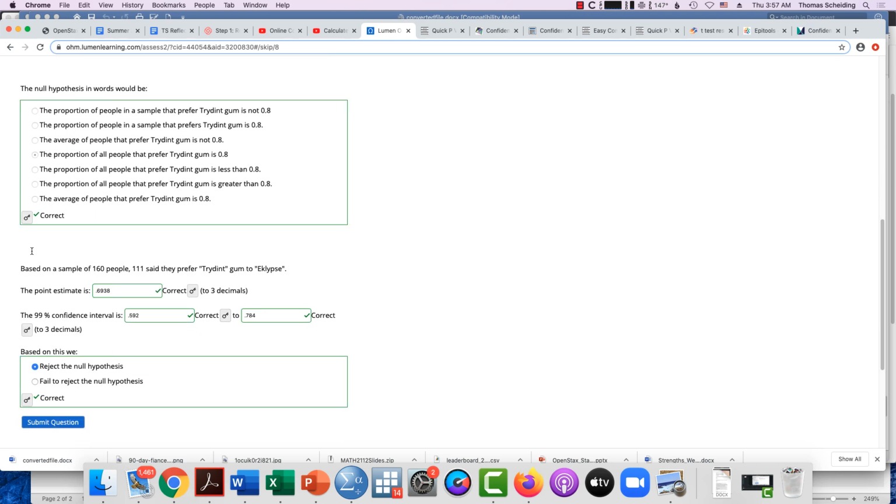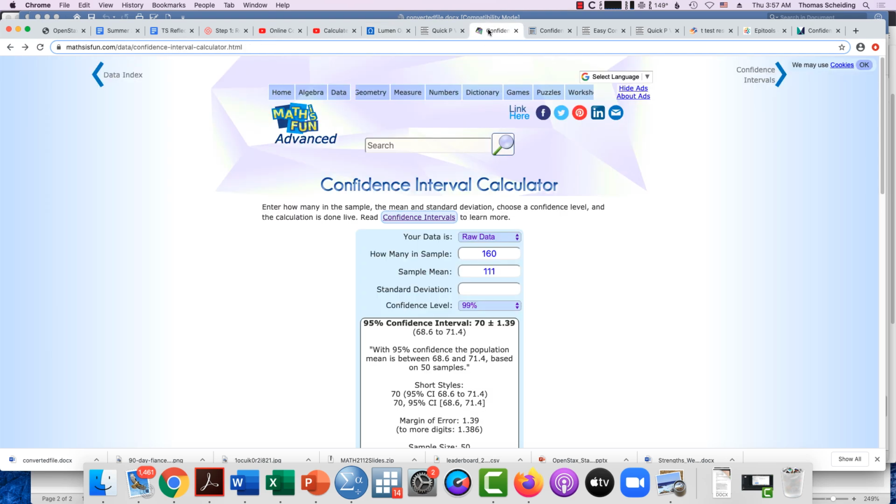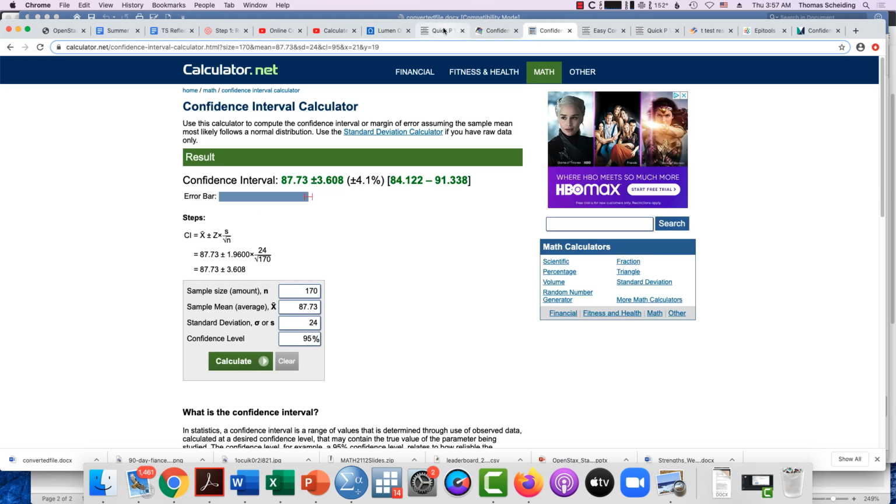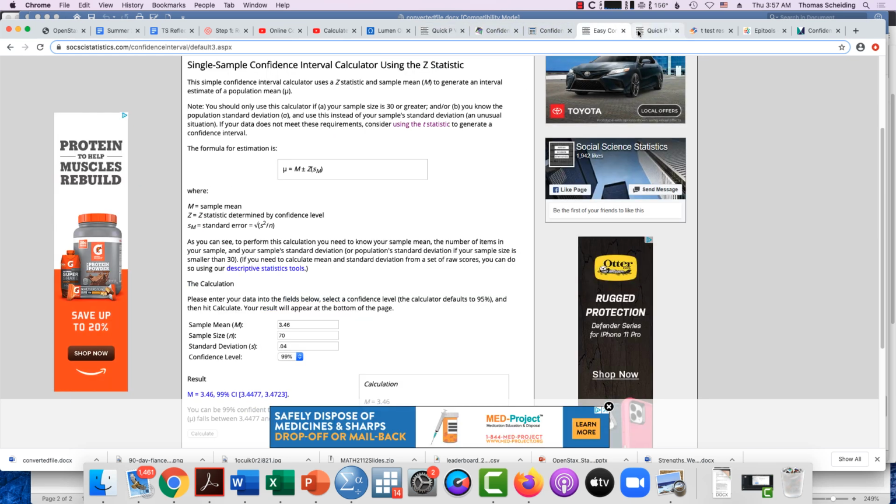And so now, without a standard deviation, I need to calculate this confidence interval for the proportion. Sorry, I had it here.